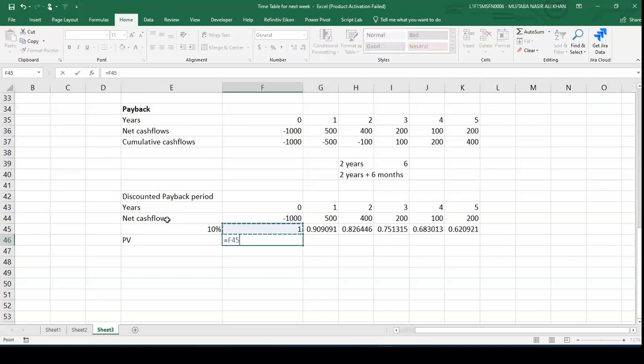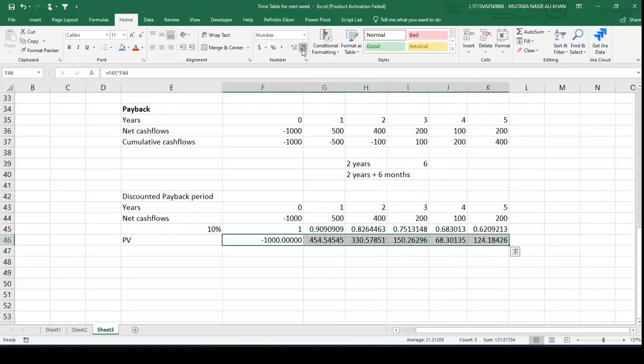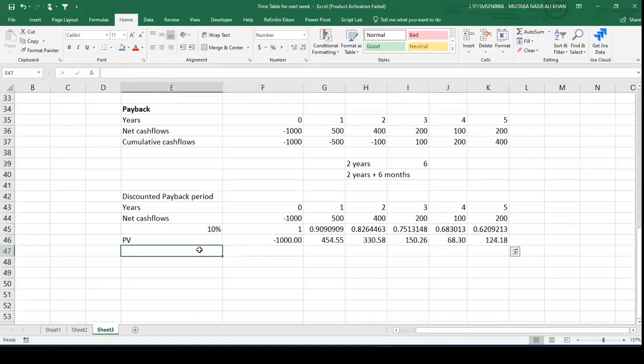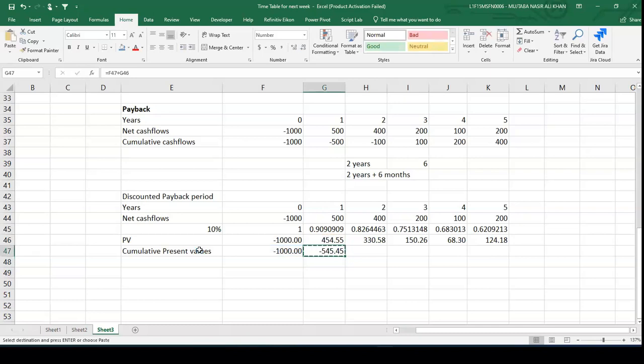Present value. For the discounted payback period, you need present value, guys. Then write cumulative present value. In the first year, you haven't received anything, so it will come down. And in the second year, you need 1000, but you receive 454. Copy into the next cells.